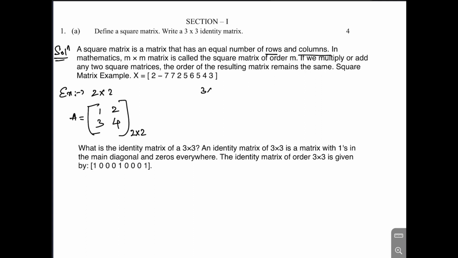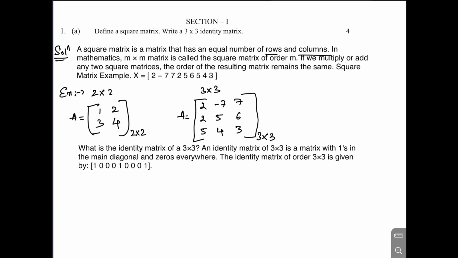Next, a 3 cross 3 matrix here. A equals 2, minus 7, 7, 2, 5, 6, 5, 4, 3. So this is also one of the square matrices. Its order is 3 cross 3.